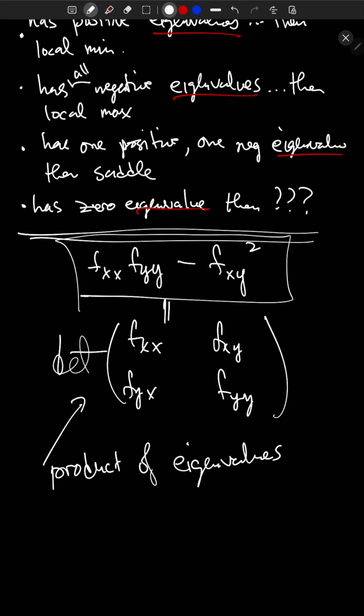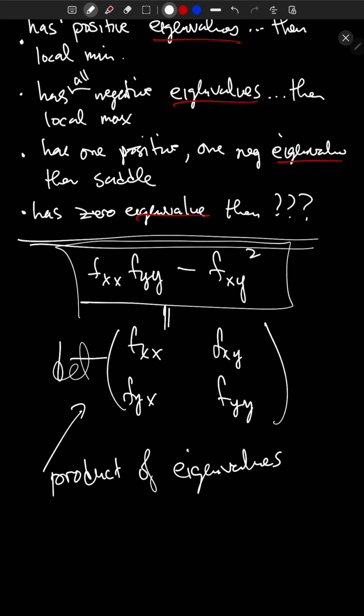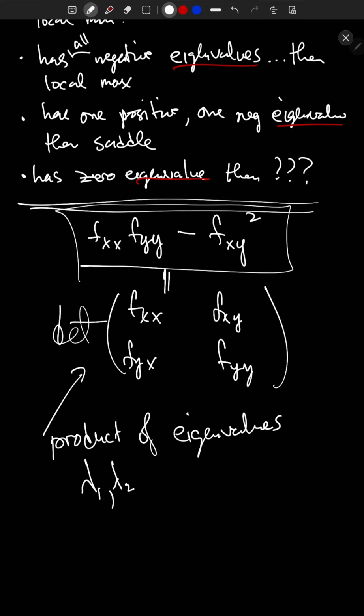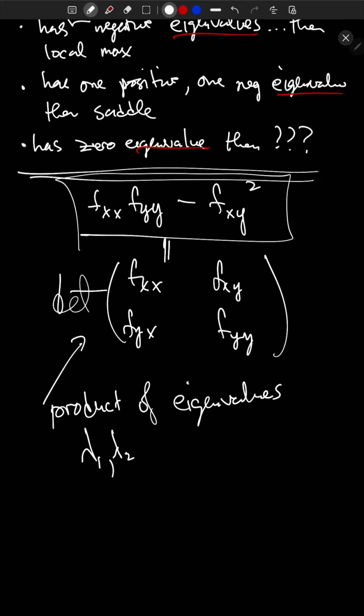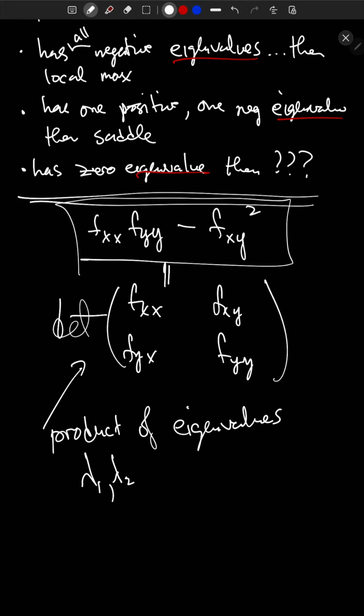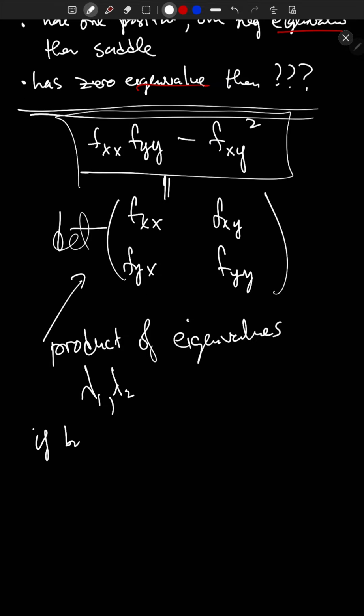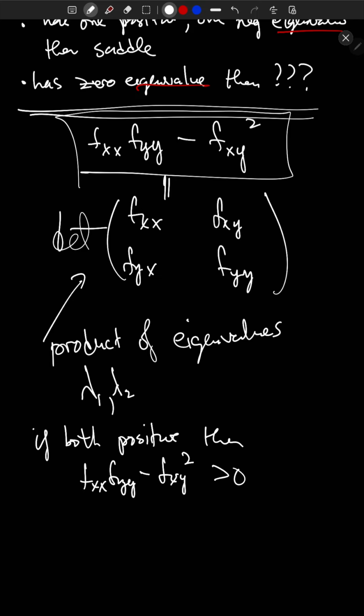So if you have two eigenvalues, lambda 1 and lambda 2, and they're both positive, then fxx fyy minus fxy squared is bigger than 0.